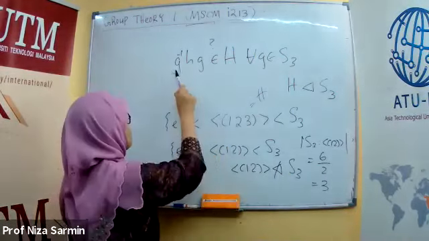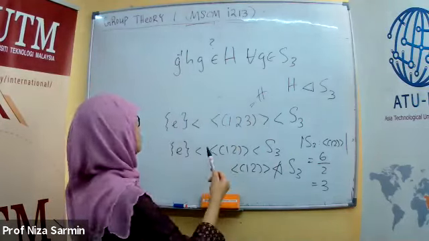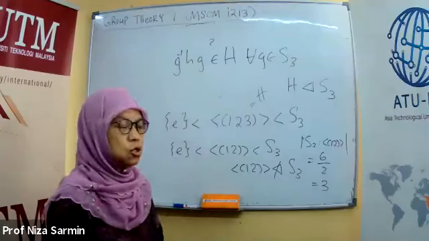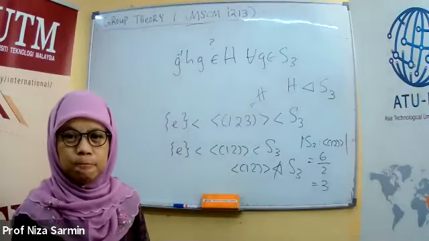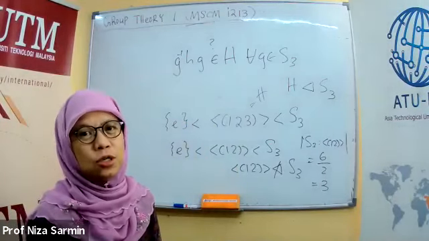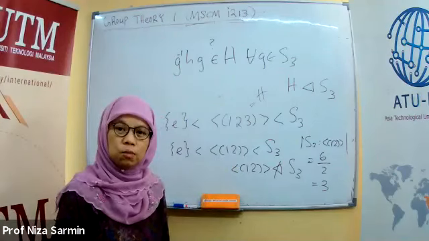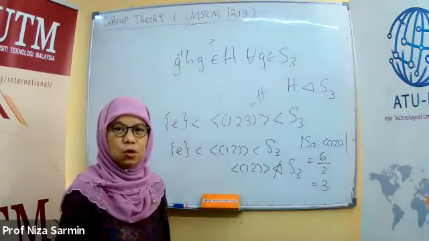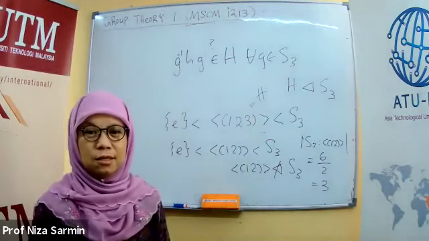You just take G multiplied by 1, 2, multiplied by G inverse and show it is not in 1, 2. Okay, that is the easiest. So it is not normal. So any subgroup of order 2 is not normal for S3. Only this is normal in S3. Right?